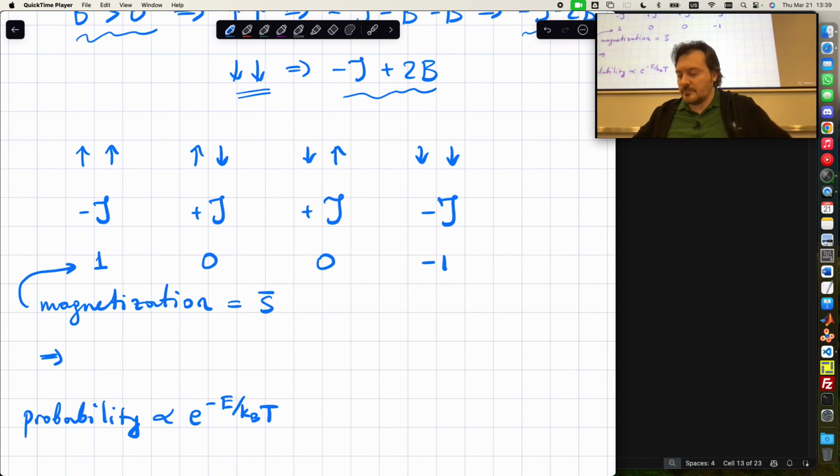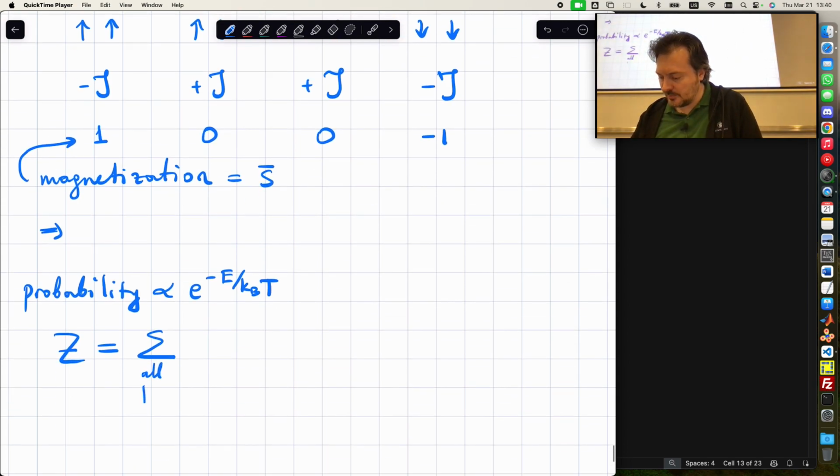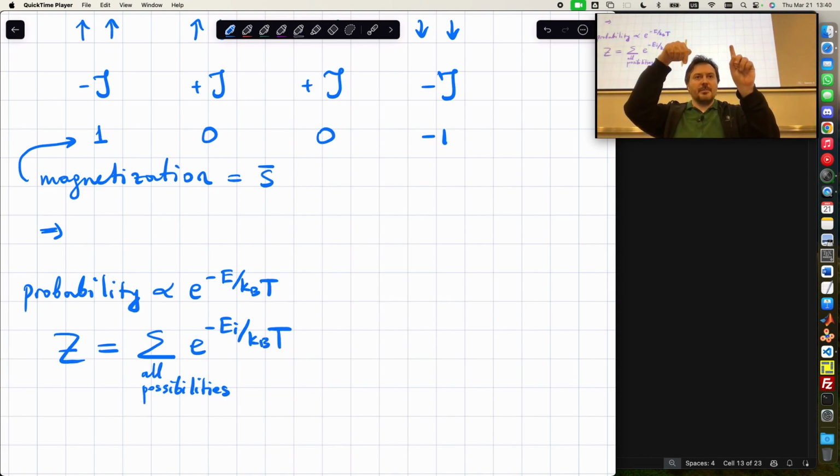Everyone? Now, let's define something called partition function. It's shown by Z. I'm going to write it down as sum of all possible states, sum of all possibilities e to the minus Ei over kBT. For every possibility, up, up, down, down, up, down, down.